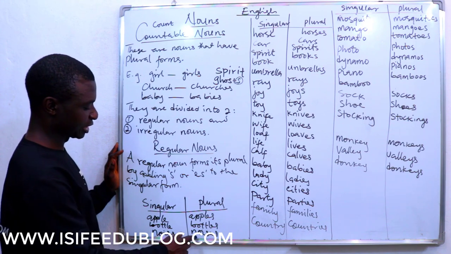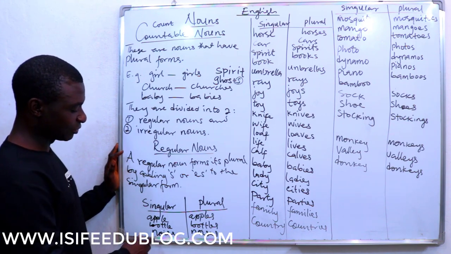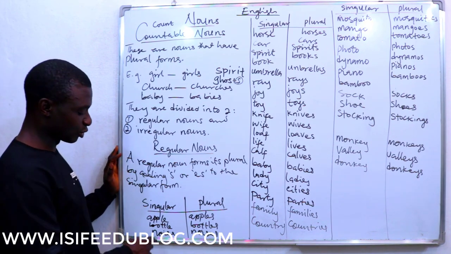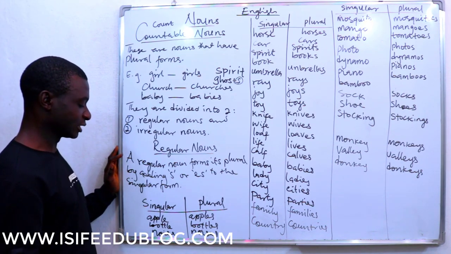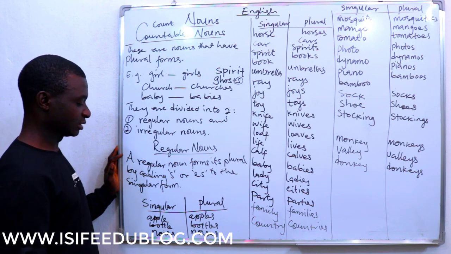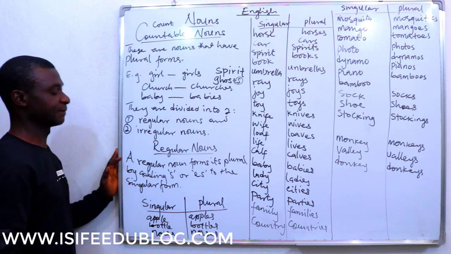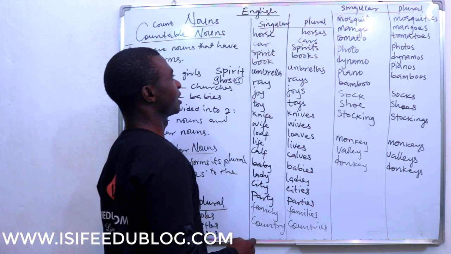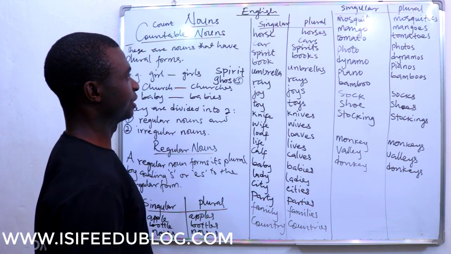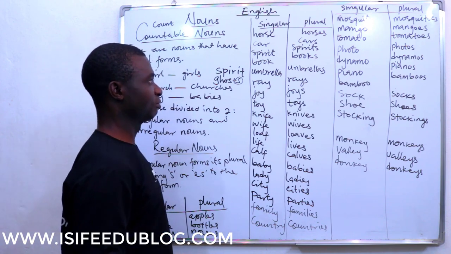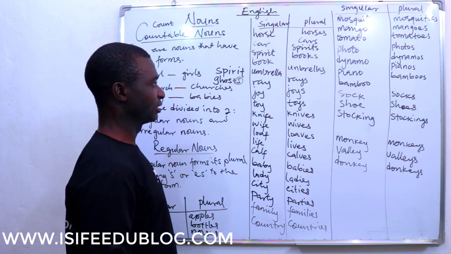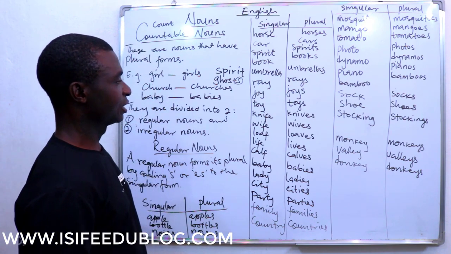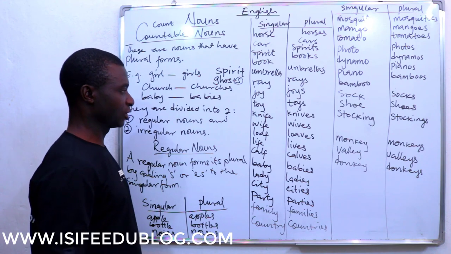It's a typical example of the nouns that you cannot count, yet it has plural form. Noise. I wonder how you intend to count it, but we have noises. Alright? Then we have horse for horses, car for cars, spirit for spirits, book for books, umbrella for umbrellas, ray for rays, joy for joys, and toy for toys.